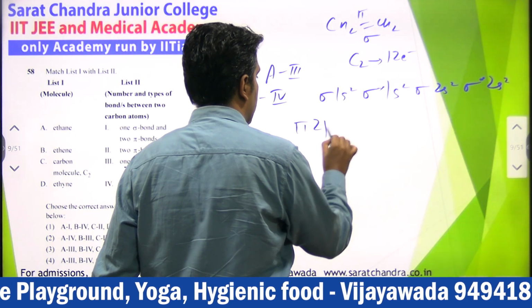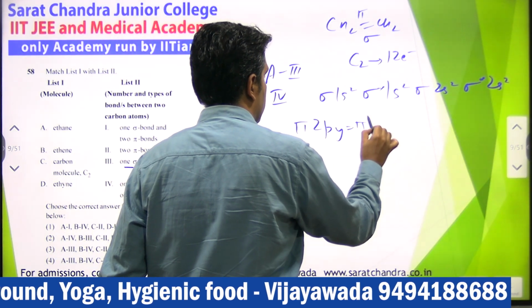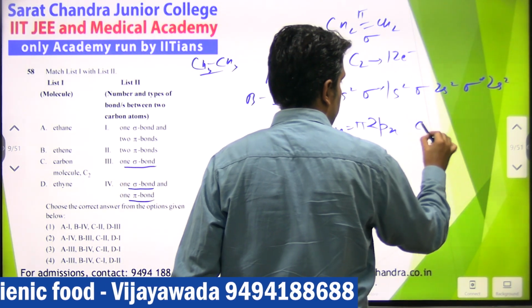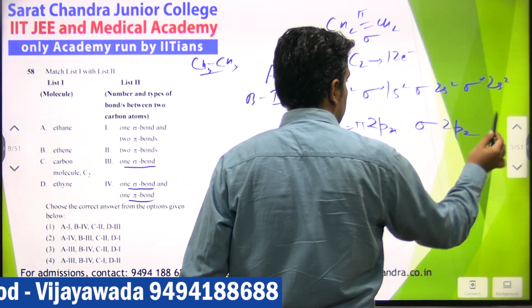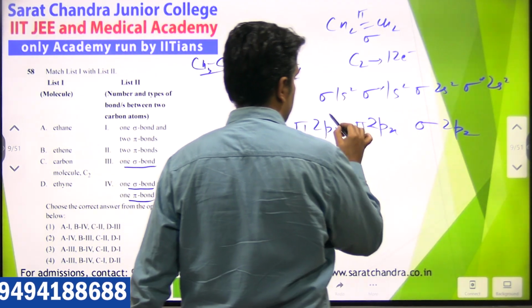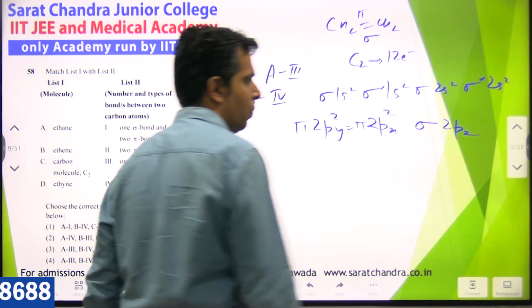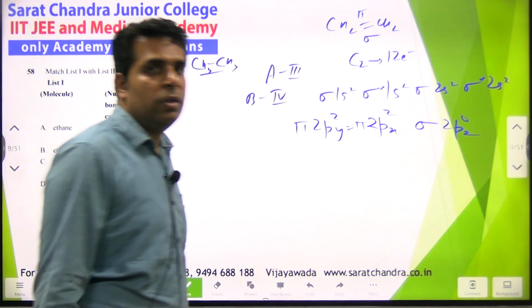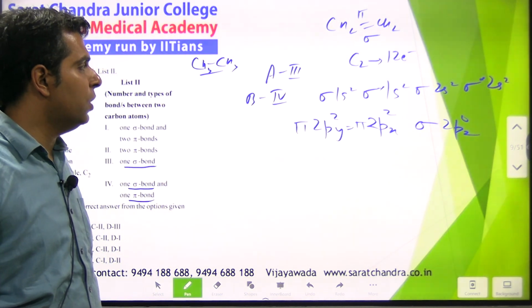So pi 2py and pi 2px will start filling first, and sigma 2pz will start filling later. So total 12 electrons, 2, 4, 6, 8, 10, 12. So over here sigma 2pz will be 0. So this is the electronic configuration of C2 according to MOT.